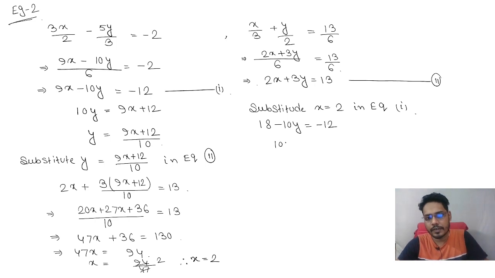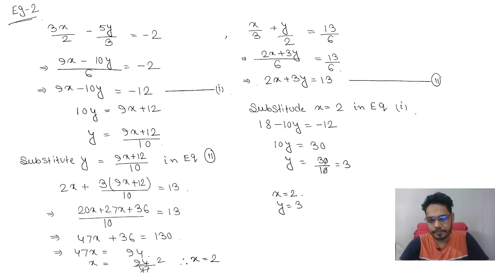So 10y will be equal to 18 plus 12, that is 30. So y will be equal to 30 by 10, that is 3. So from here x is equal to 2 and y is equal to 3. These are the solution of the given question, the values of x and y.